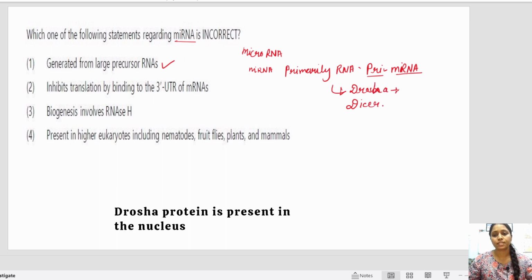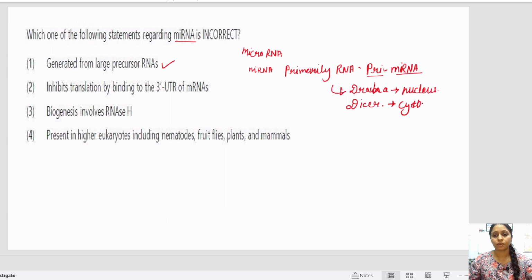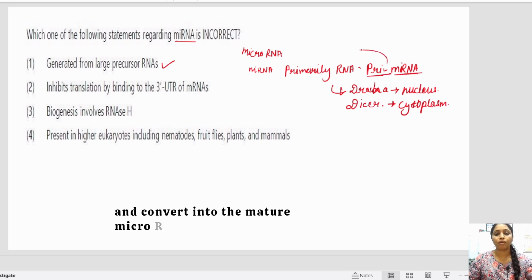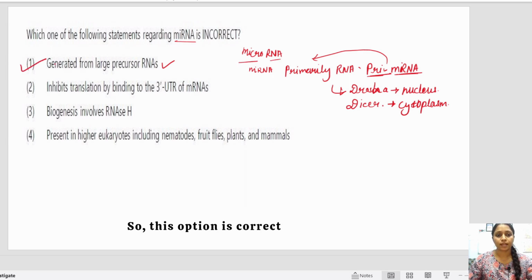DROSHA protein is present in the nucleus and DICER is present in the cytoplasm. So these proteins cleave this primary miRNA and convert it into the mature microRNA. So this option is correct.